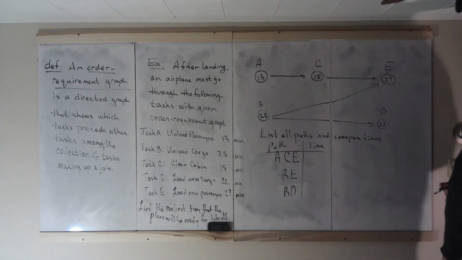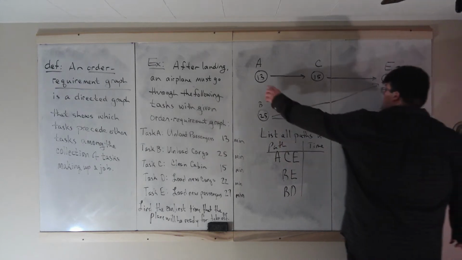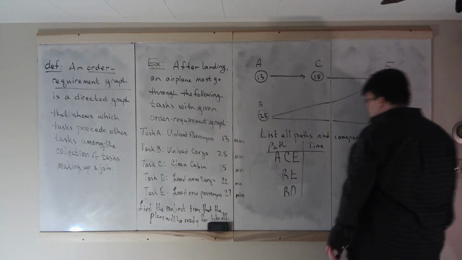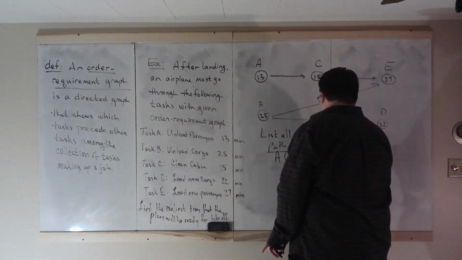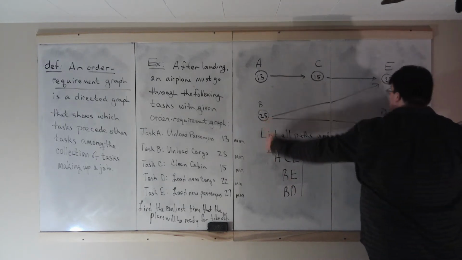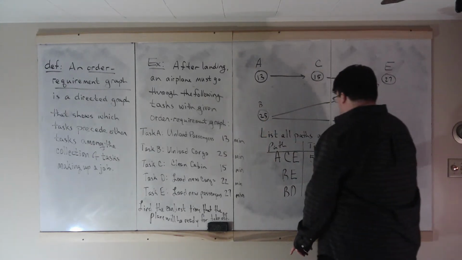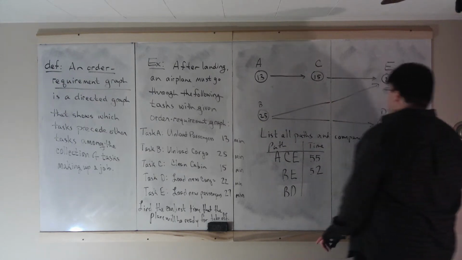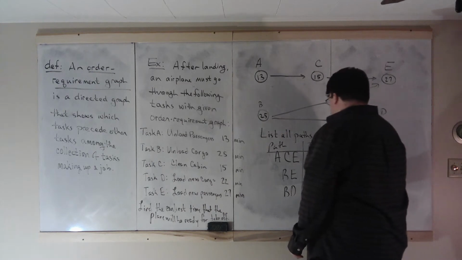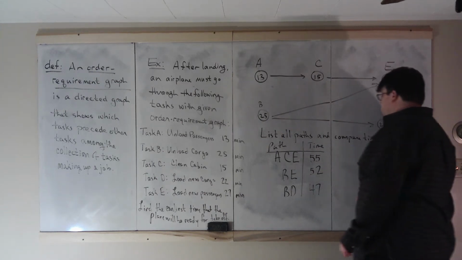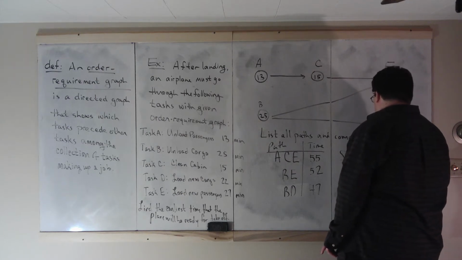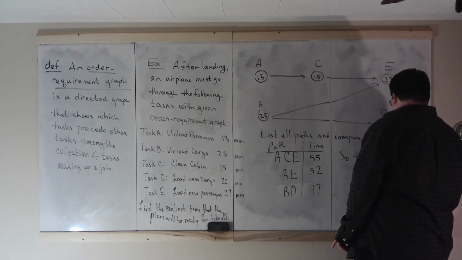ACE, how long does this take? 13 plus 15 plus 27. 13 plus 27 is 40. 40 plus 15, 55 minutes. How about BE? B is 25, E is 27, so 52 minutes. And how about BD? 25 plus 22 is 47 minutes.